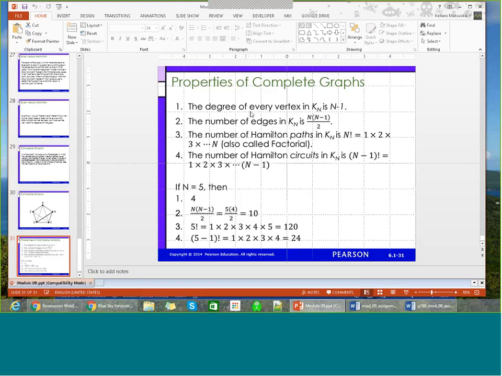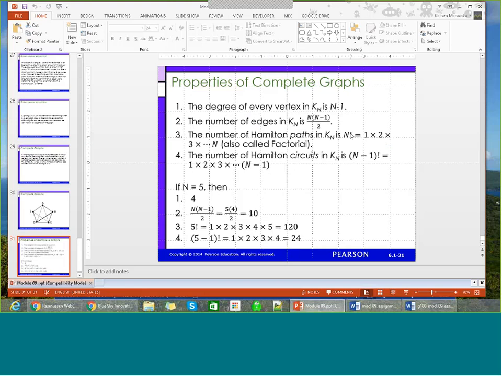The third one is the number of Hamilton paths in any given complete graph. And the last one is the number of Hamilton circuits in a complete graph. The formula for the first one, the degree of every vertex, is n-1. You can see the other 3.